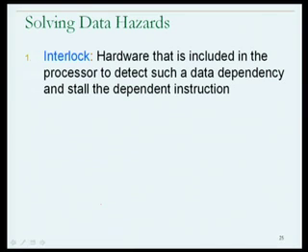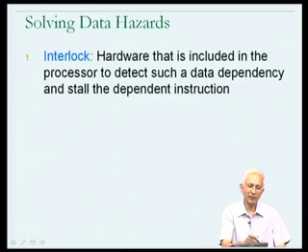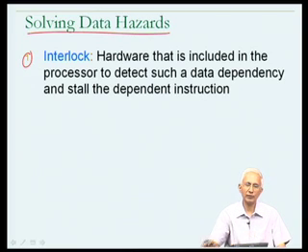So interlock is a term used for a piece of hardware that is included in the pipeline or in the processor. The purpose of this piece of hardware is to detect such data dependencies and to implement the stalling of the dependent instruction. Now I'm numbering this as one possible solution to data hazards, so very clearly we are going to see others. Let's think a little bit about how complicated this interlock hardware might have to be.